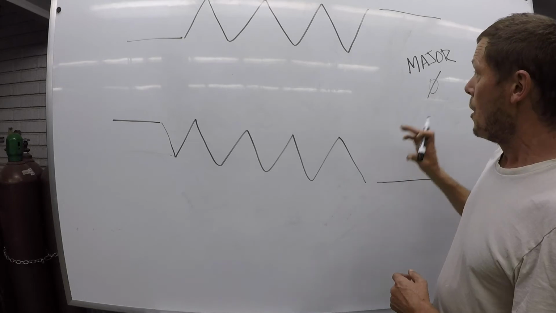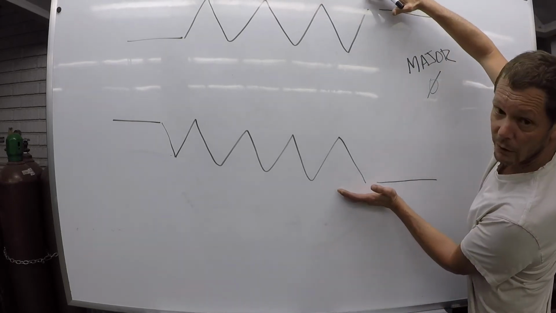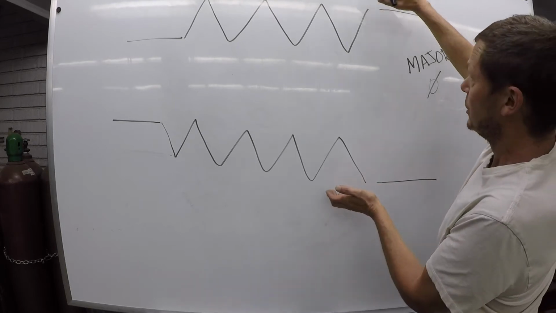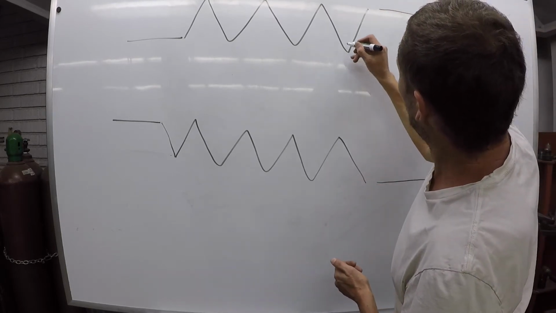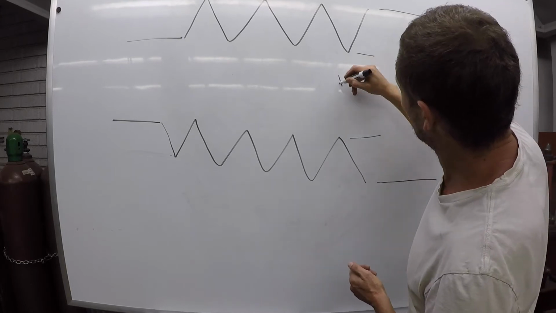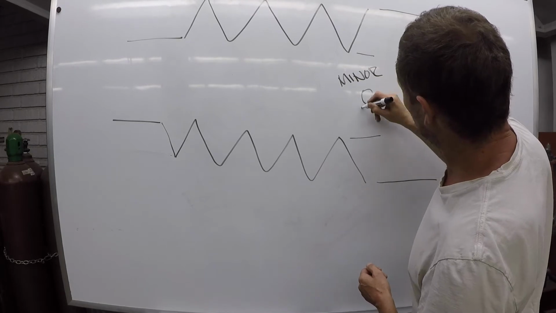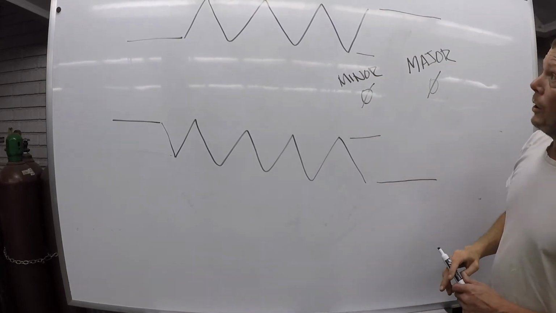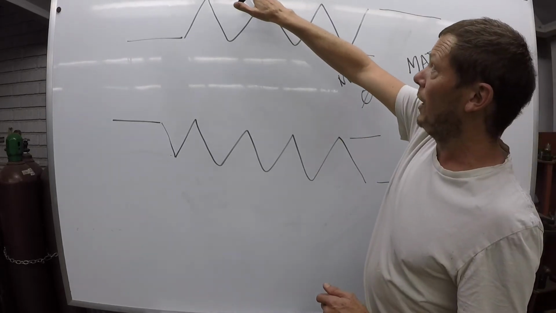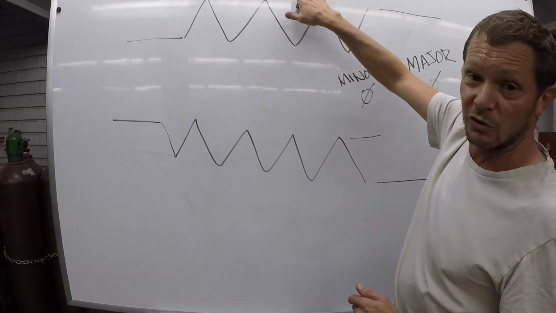The OD is the major diameter. What's down in the valley here, what do you think that might be called? You guessed it. It's the minor diameter.